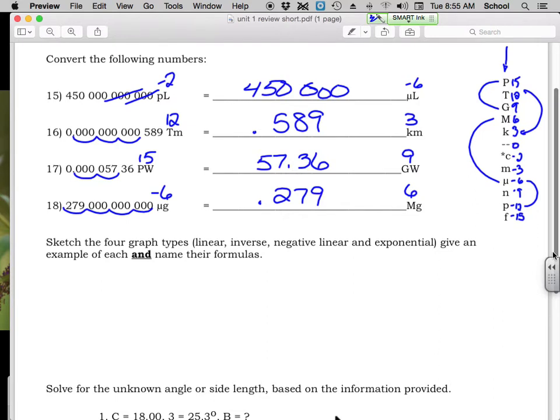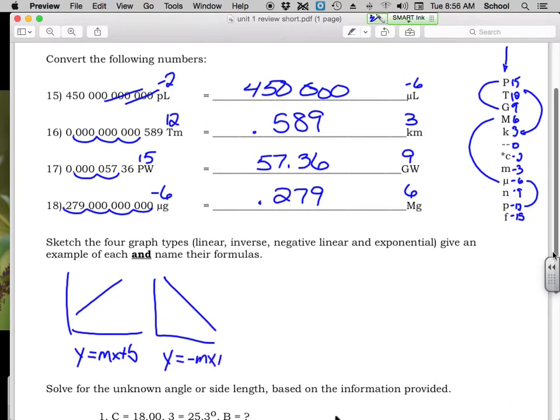Next, we have our 4 graph types, and the 4 graph types are again just the nice, this is linear, you need to know that that goes with y equals mx plus b. We have the one that goes this way, that's going to be negative direct, that's going to be y equals -mx plus b.